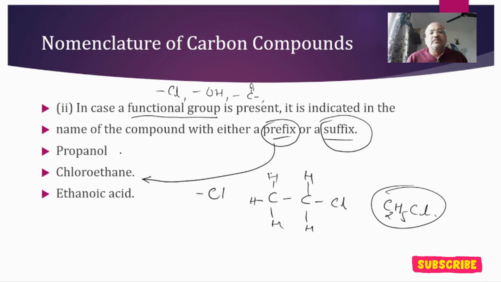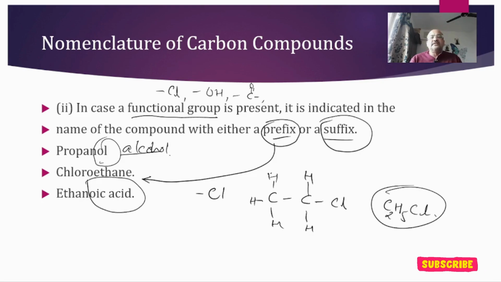Here you see the example of propanol. This OL, we know, is alcohol. This is my alcohol, so it comes as a suffix. Again, the acid, oic acid, also comes as a suffix.